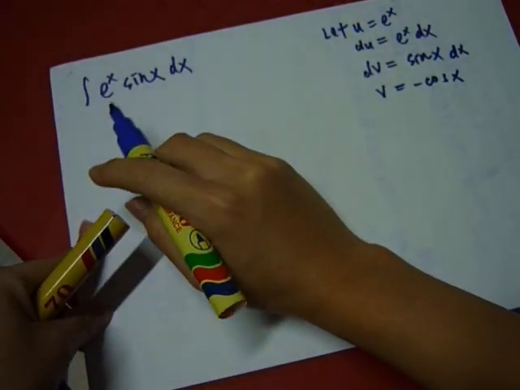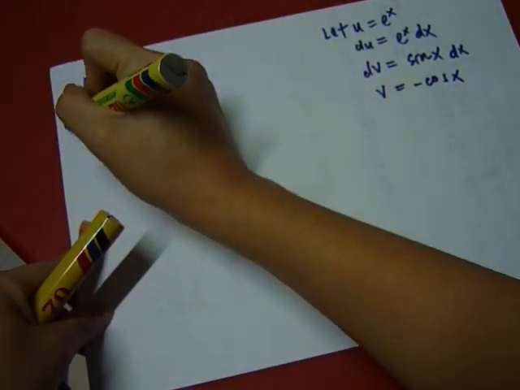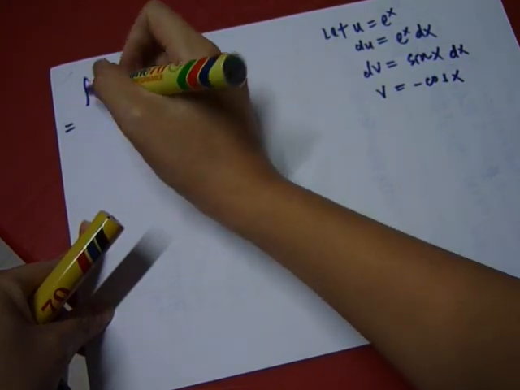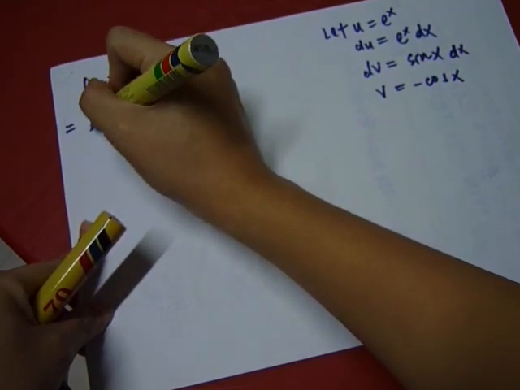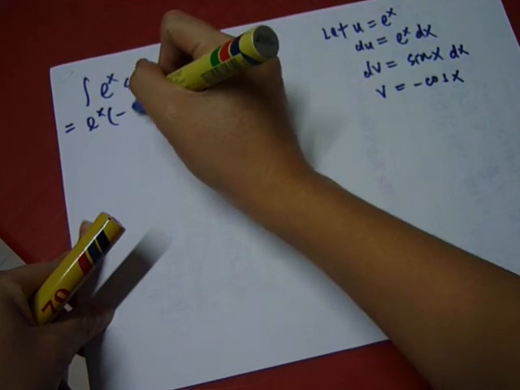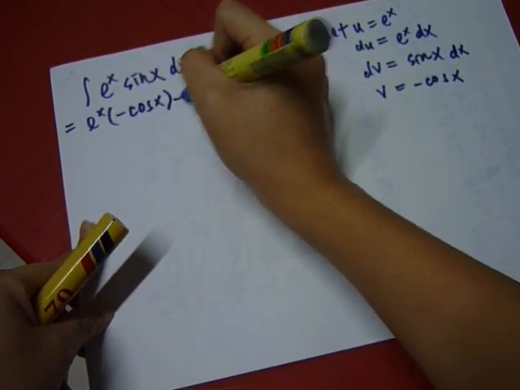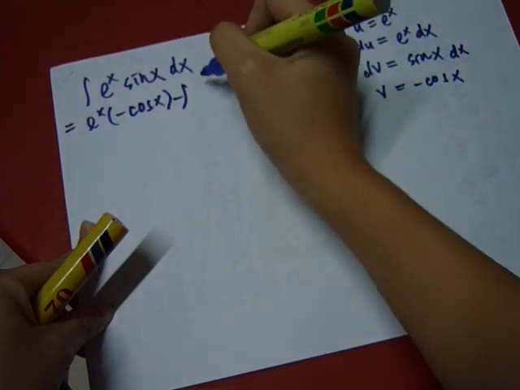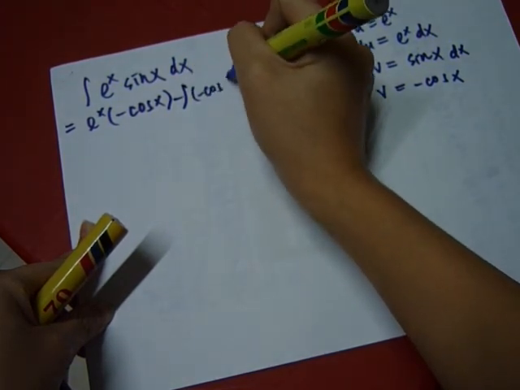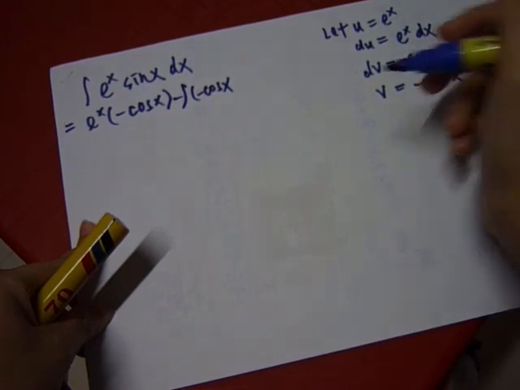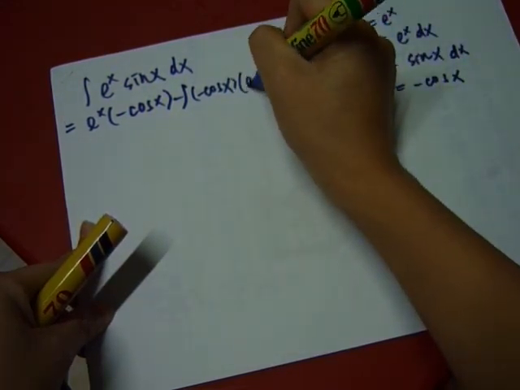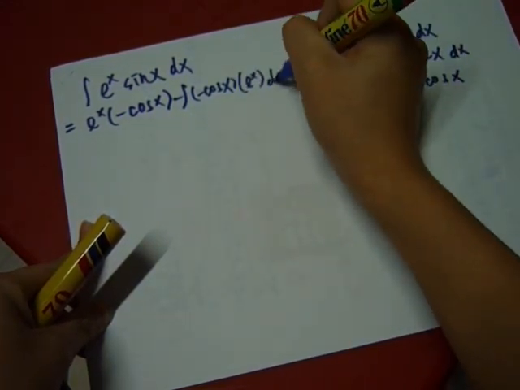Then apply the formula, it is equal to uv, e^x bracket minus cos x bracket minus integration minus cos x e^x dx.